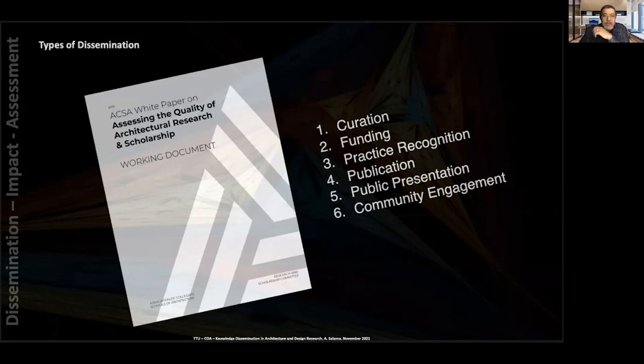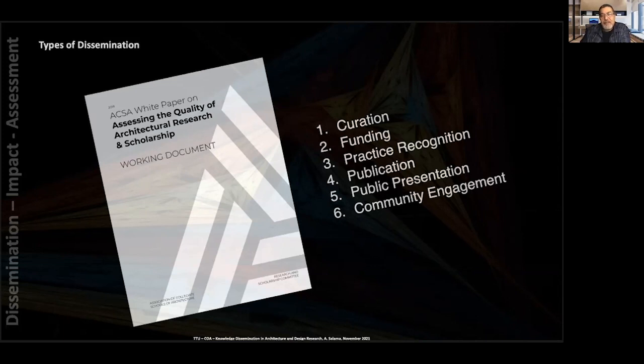So the document highlights different forms of scholarship, which are very relevant to architecture and design research, including, as you can see here, curation, funding, even attempts at funding is seen as part of dissemination, attempts at seeking funding, practice recognition, publication, public presentation, and community engagement.